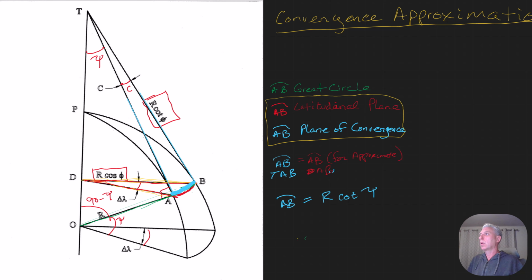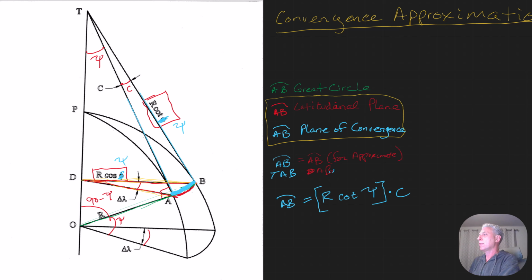And remember, the image uses phi, but we're using psi. R cotangent psi is the length of our radius, and we would multiply that by c in radians, right? So that's pretty simple. We've done that 100,000 times.